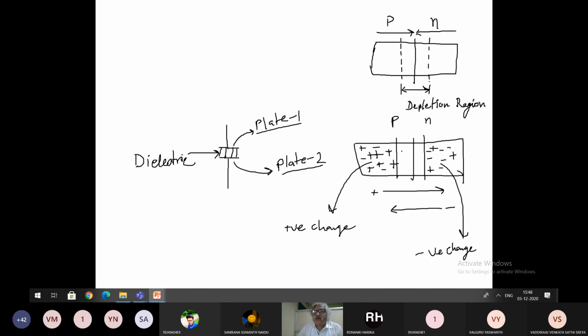In between these two charges, what is this region? This is the depletion region. In the depletion region there is no charge, so you consider it as a dielectric. So wherever you find a PN junction, you will always find a capacitance, right?